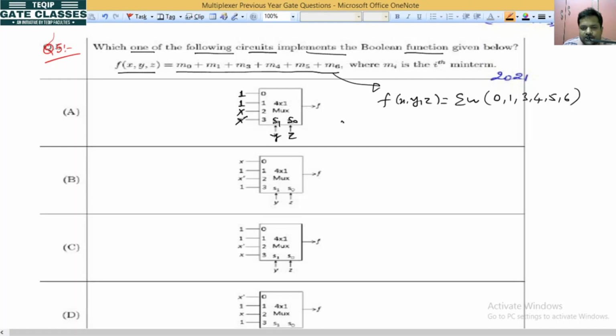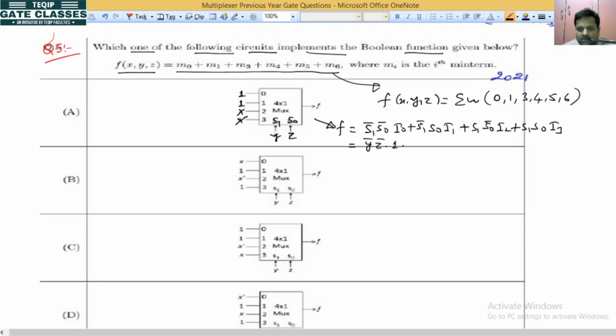So we can write f as f equal to s1 bar s0 bar i0 plus s1 bar s0 i1 plus s1 s0 bar i2 plus s1 s0 i3. Now for option A we have s1 bar s0 bar meaning y bar z bar.